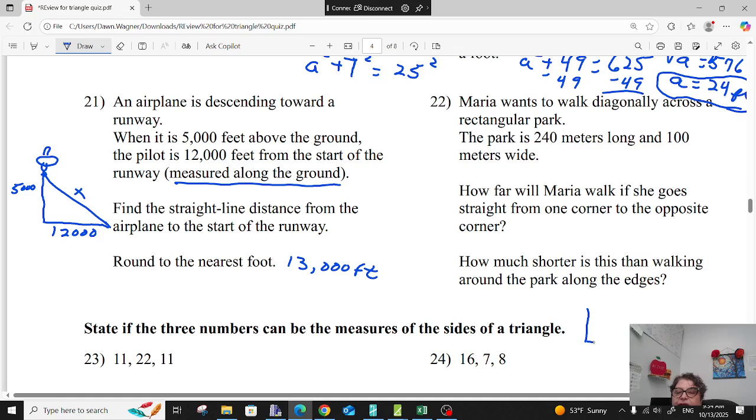Okay, so here's a rectangle, right? And it says that it's 240 meters and 100 meters, and she's walking from corner to corner.